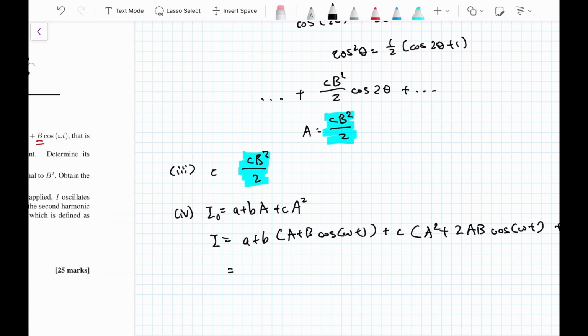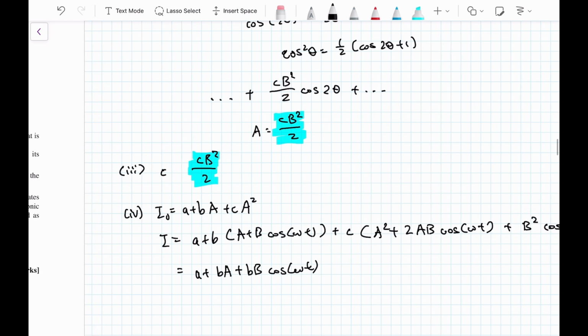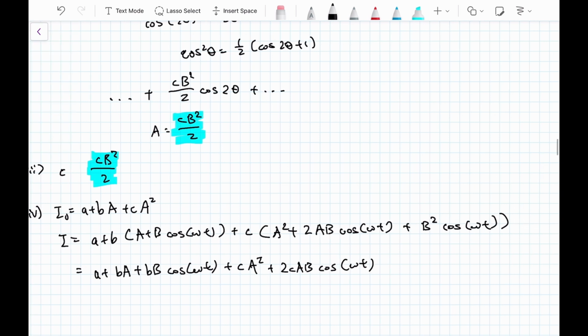So then it is equal to a plus ba plus ca squared, plus 2cab cosine omega t, plus cb squared cosine squared omega t.